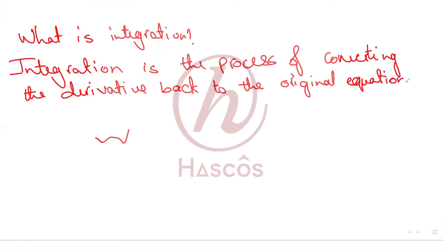In differentiation, we used to have an original equation and make a derivative out of it. But in integration, we are going to convert the derivative into the original equation. So this is like the opposite of differentiation. That is what integration typically is. You have the derivative and you go back to the equation of it.